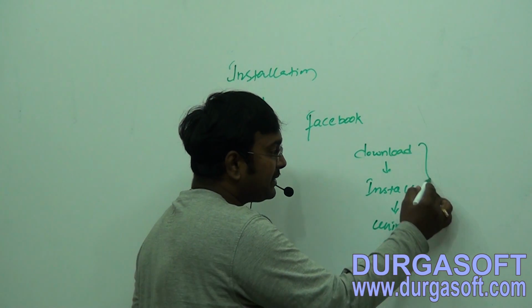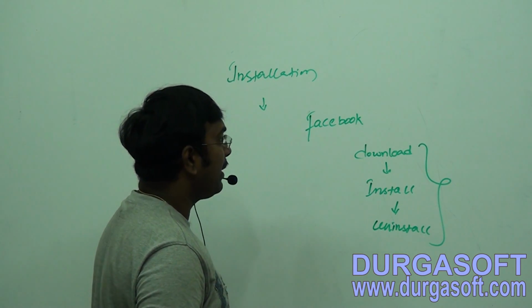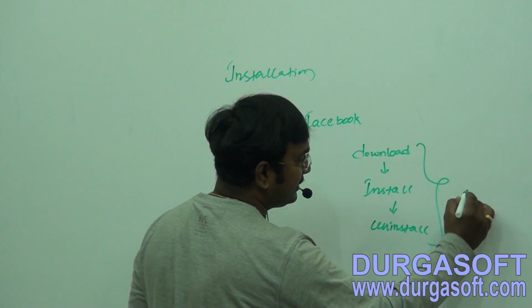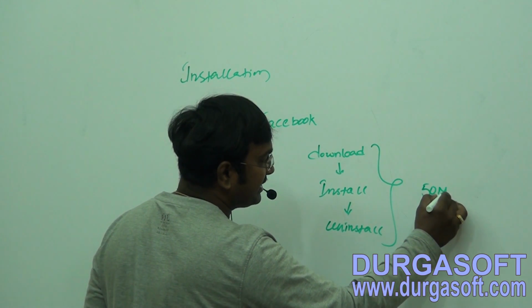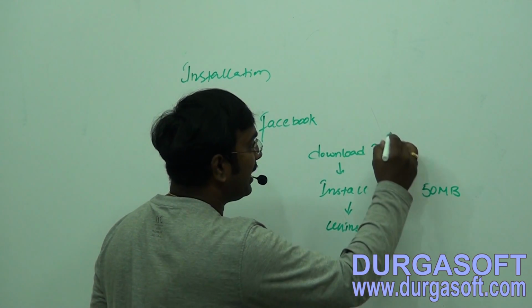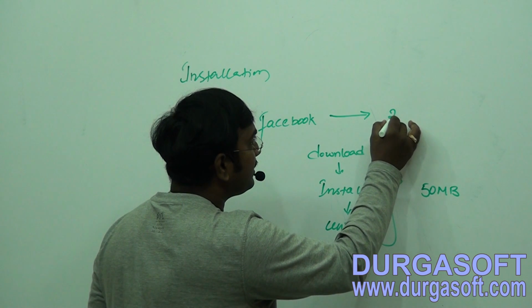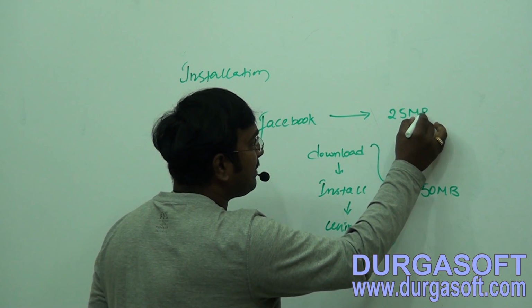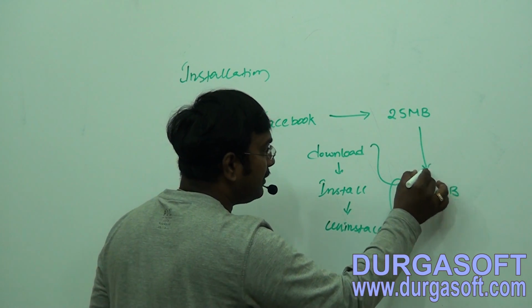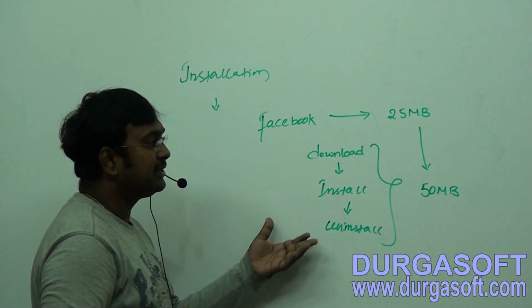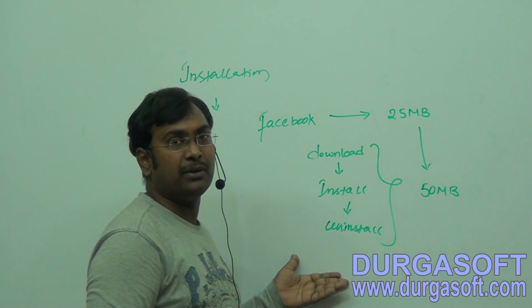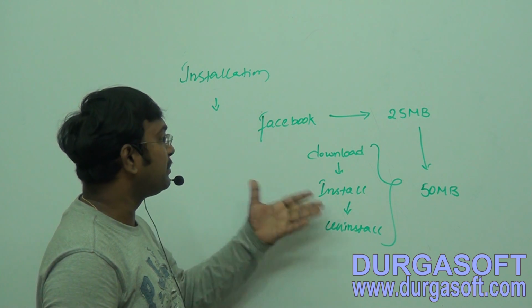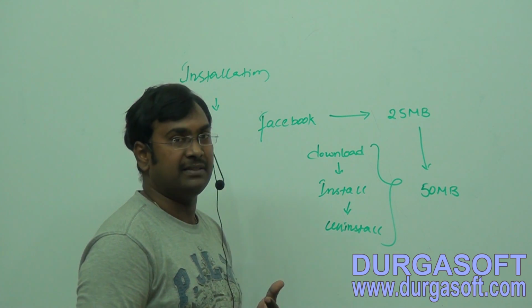Here what happens means, in your memory card there is 50 MB space, but the Facebook app is 25 MB capacity. So without any error message, it should automatically download your Facebook application into your device.